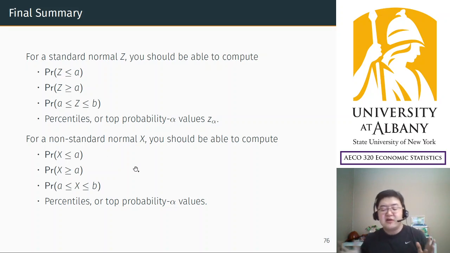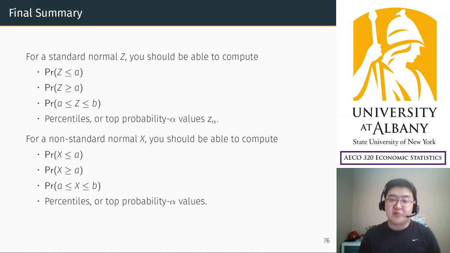So this is more of a preliminary exercise for the following chapters. We are going to use these skills a lot in the following slides. So you have to make yourself familiar with these methods.